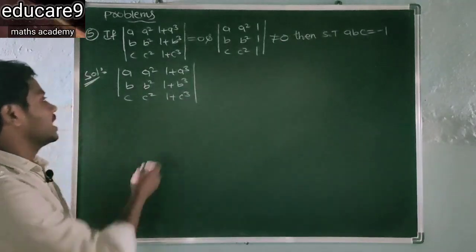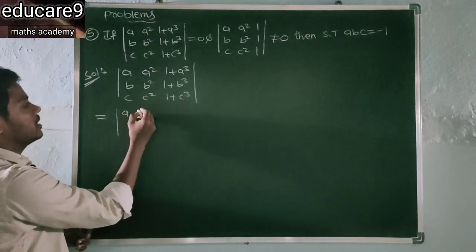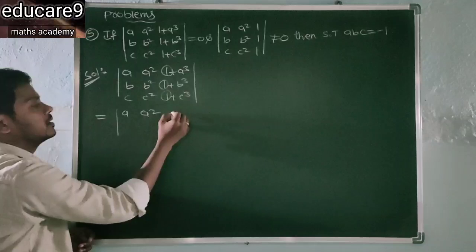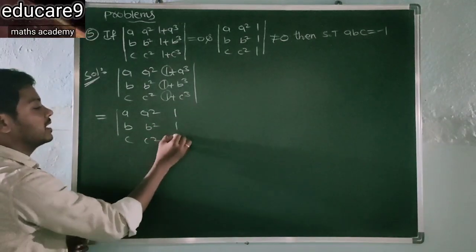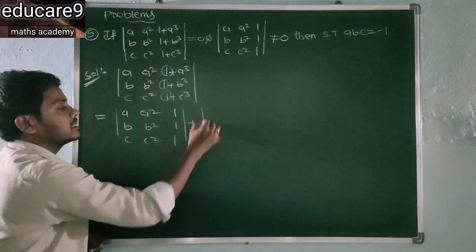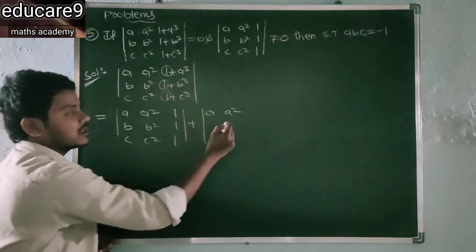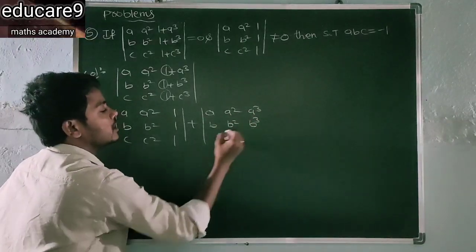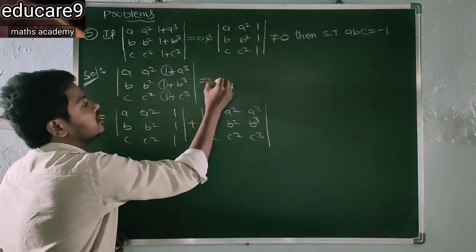Okay. So clearly this can be written as a square, write the first terms that are 1, b square 1, c square 1, plus again a square, the second terms that are a cube, b square b cube, c square c cube, is equal to 0.